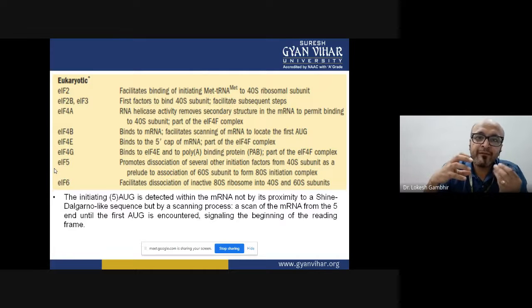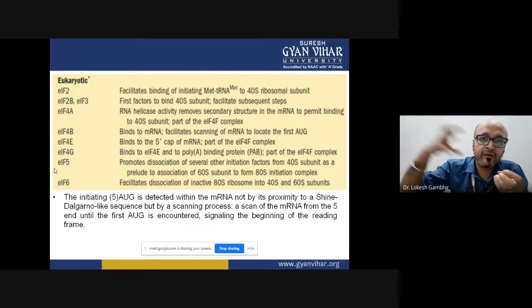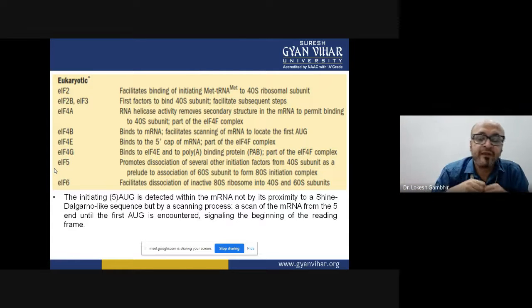But we have all the initiation factors bound there, so there is no space. So first, IF5 is responsible to clear out all these initiation factors and dissociate them from the small subunit, so that the larger subunit can easily come and bind.